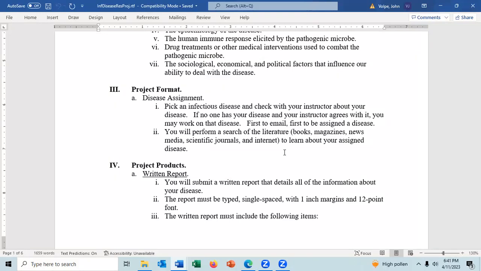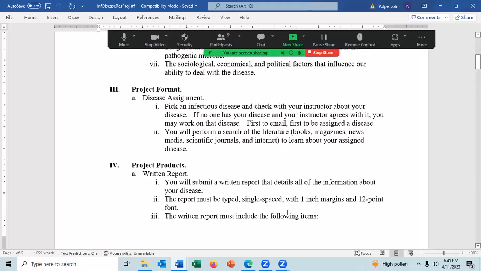All right. This is going to be a written report where you detail the information about your disease. The report must be typed. Of course, it's going to be sent in by email or something like that online. It should be single space, but I'm not really going to mark you down for that. It should have 1-inch margins. I'm not going to measure that.